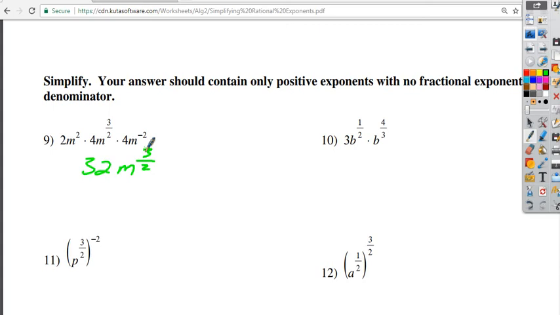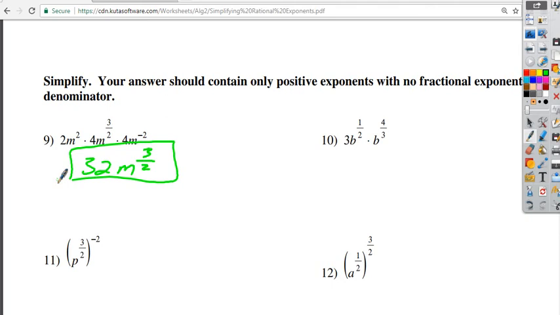Does it fit that we have a positive exponent? Yes. Does it fit that we have no fractional exponents in the denominator? Yes, because we don't have a denominator. So yeah, this is good. Again, you're not converting it into the root form or the radical form, just because I'm telling you not to.